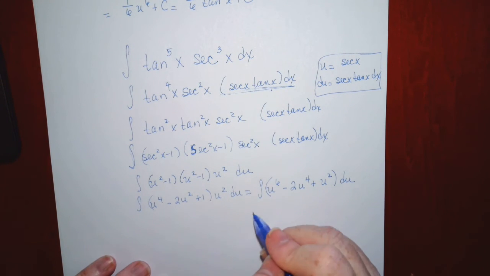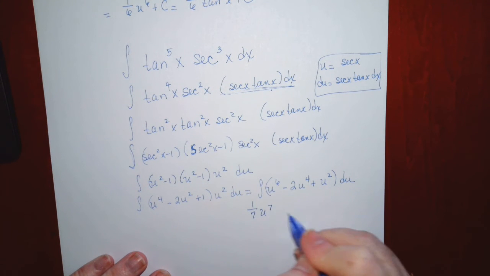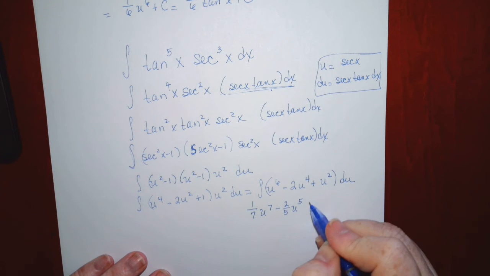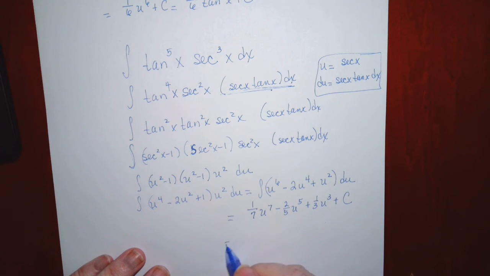Integrate term by term. We'll have 1/7 u to the 7th minus 2/5 u to the 5th plus 1/3 u cubed plus c.